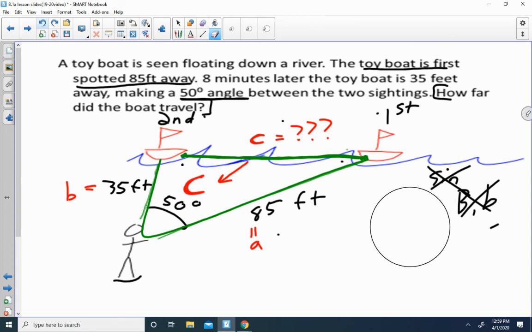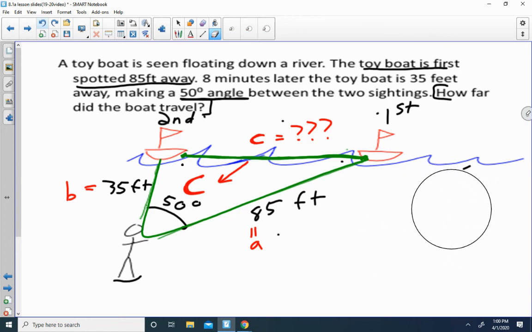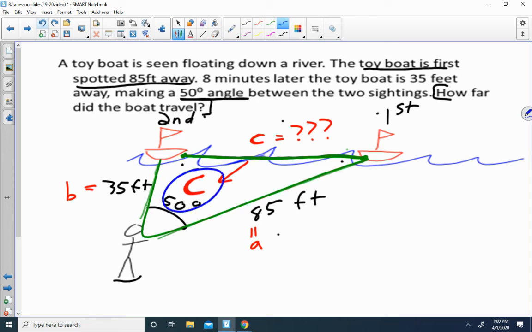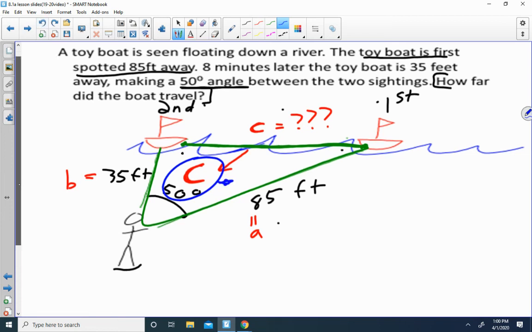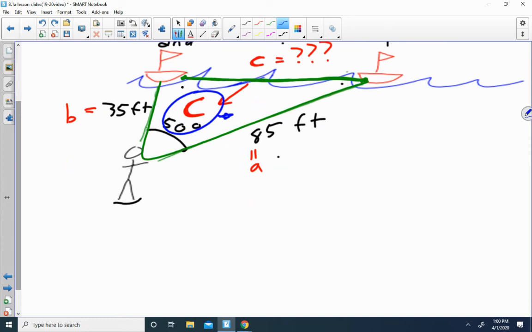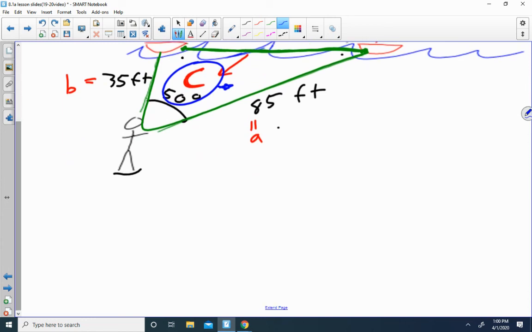Which law of cosines should I use? Well, which law of cosines uses angle C? If you look back at that little law of cosines chart, you'll see that the third variant of the law of cosines is what we want, because the third equation has angle C. So let's copy that third equation down.